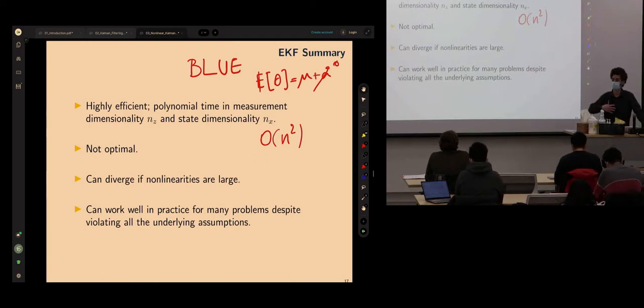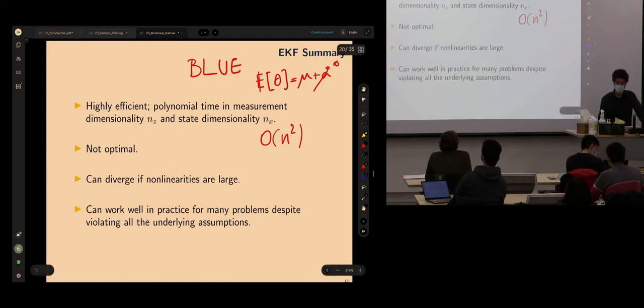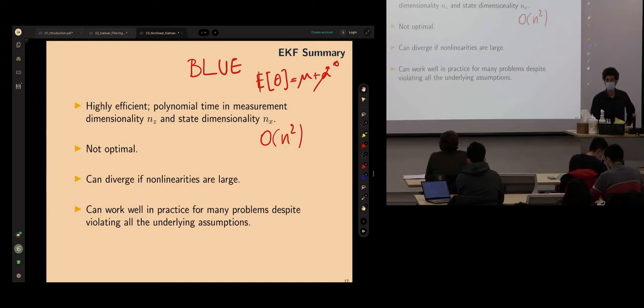You never look back to correct that, right? You just recursively linearize and move forward in time, and you never go back to correct previous approximations. There is no chance to go back and correct it. So when an outlier enters the filter, it can lead to divergence. More on that in SLAM.